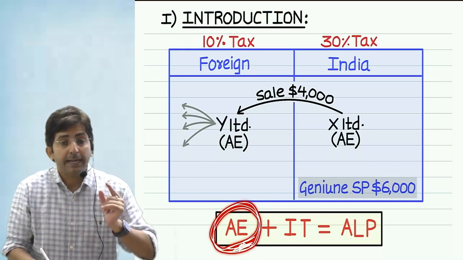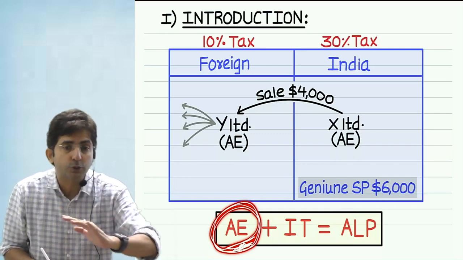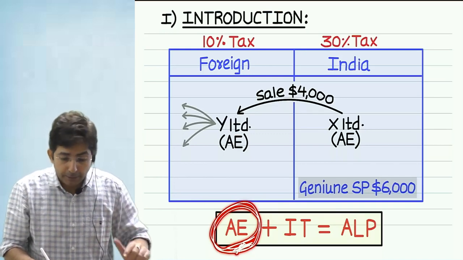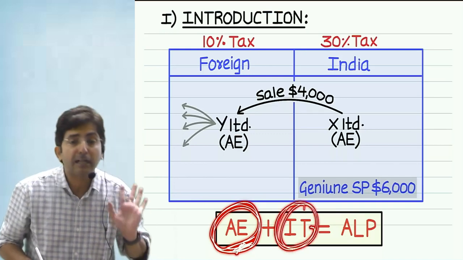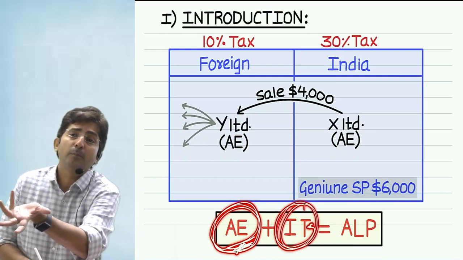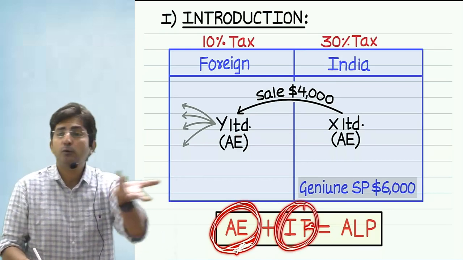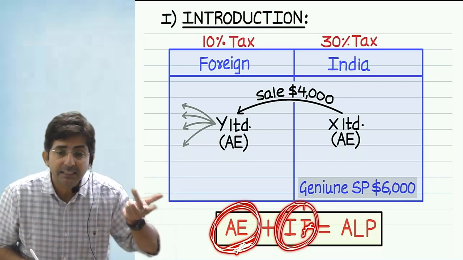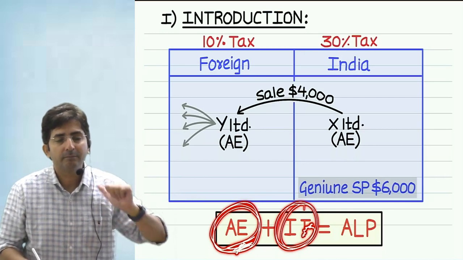Section 92A defines what is an associated enterprise. Then I was repeatedly saying it has to be an international transaction only. Then only there is a threat of profit shifting to another country. So what is an international transaction? It is defined by 92B.